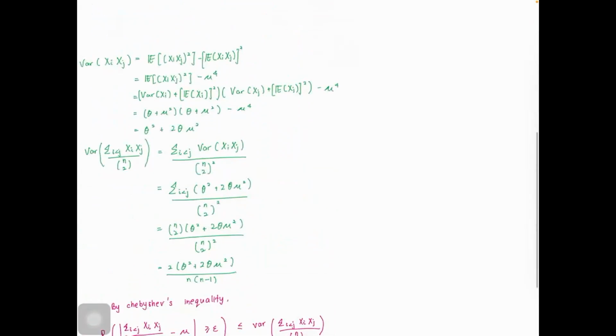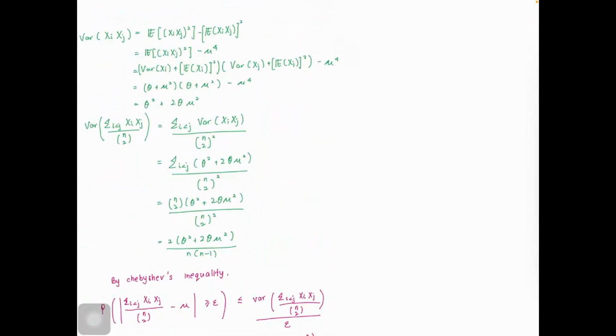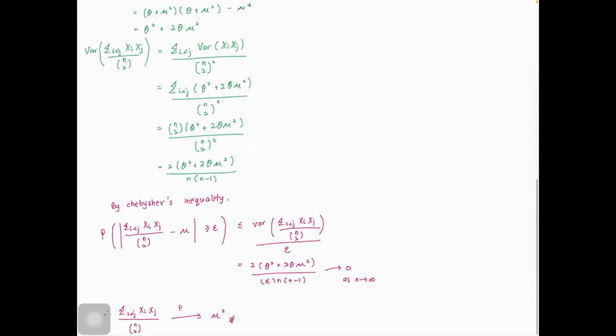So next, I search for the variance of XiXj. Then I've got theta squared plus 2 theta mu squared. Then I do variance on all the function, so it becomes 2 theta squared plus 2 theta mu squared over n minus 1. After that, I do Chebyshev inequality.